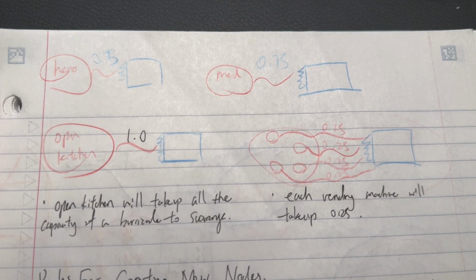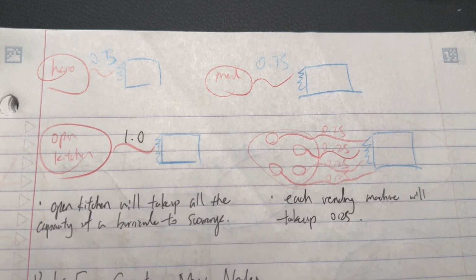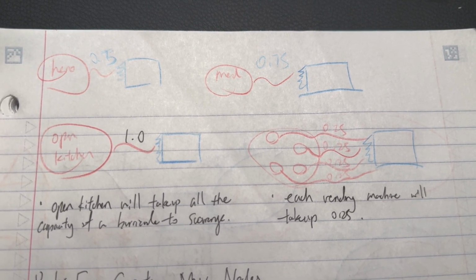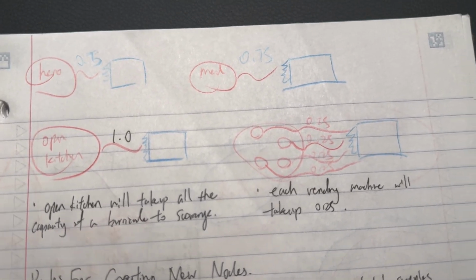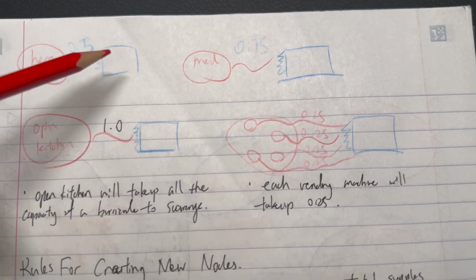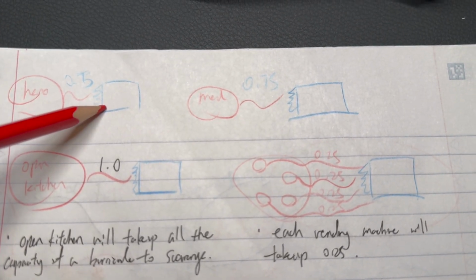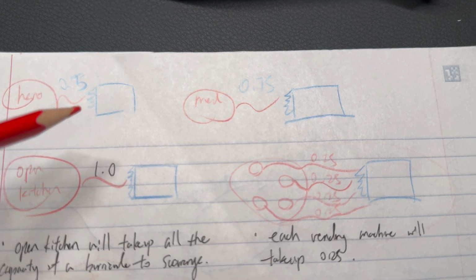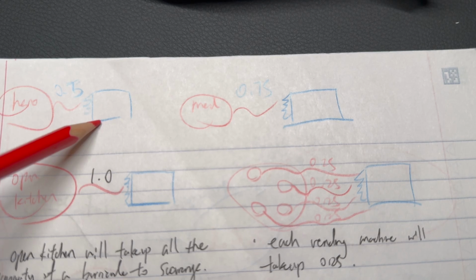Here you can see are the weights from the sources to the barricades. So I define it this way. So hero here requires 0.5. And for example, the ability for one node to scavenge is 1 here.